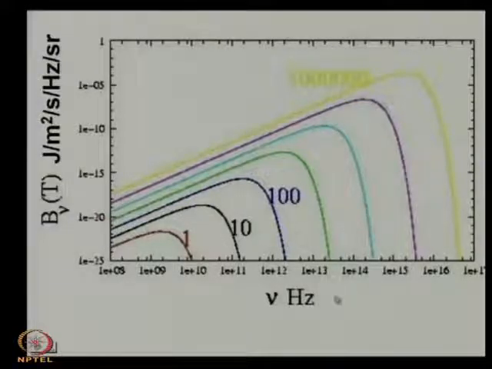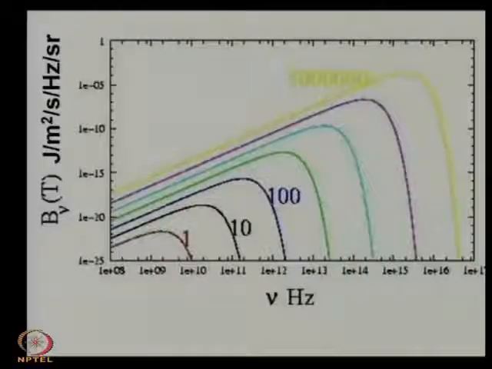If I know that it is a black body spectrum, and if I can measure just one frequency, then the temperature is uniquely determined, because the curves do not intersect. So, from just one measurement I can determine the temperature, provided I have some a priori information, or if I assume that it is black body radiation. Okay. This is the first thing.